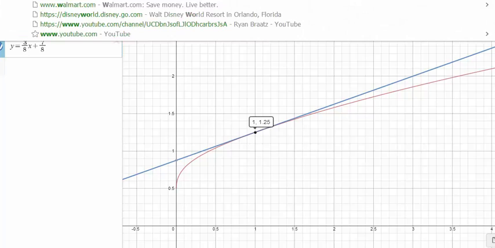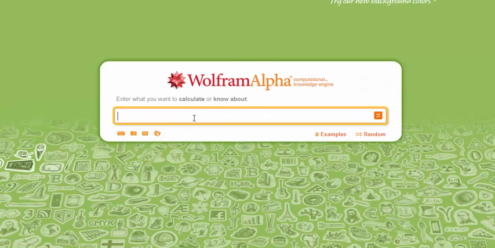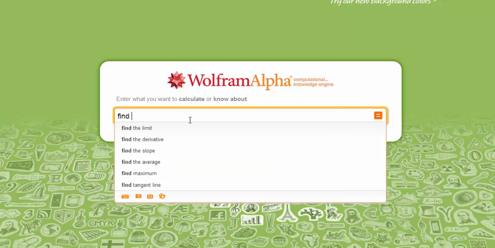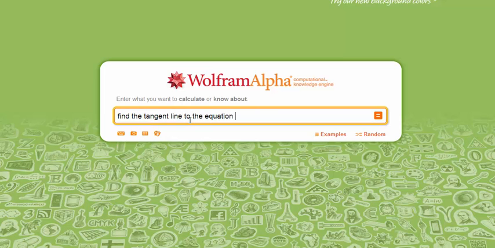Another thing you can do is go to Wolfram Alpha and ask it to find the tangent line to the equation square root of x plus 1 divided by the quantity 2 times x plus 1, at x equals 1.